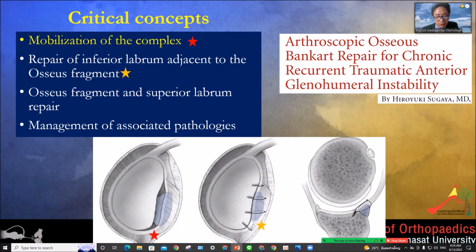He pointed out that we need to mobilize the tissue complex and repair the inferior labrum adjacent to the osseous fragment, and make a big bite to cover the fragment. He used the same technique as soft tissue Bankart, not so fancy, but make sure that you have a big bite and get around the fragment.